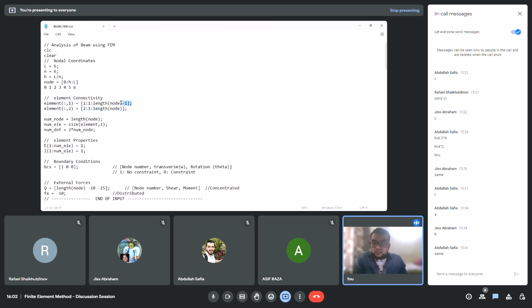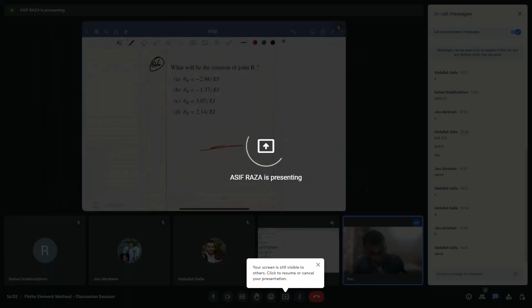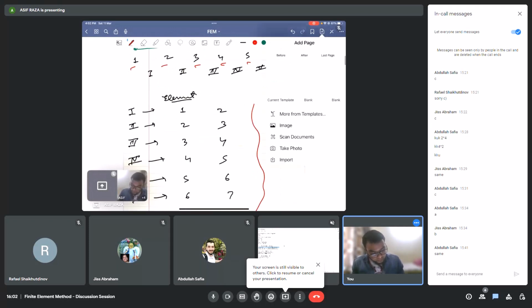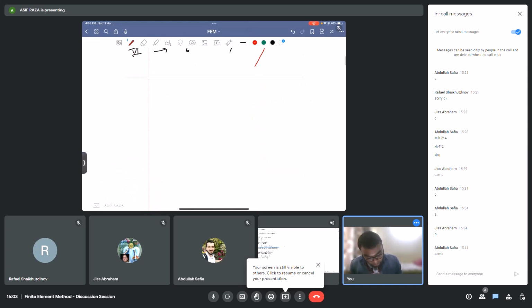So see this, if you are seeing the screen, element bracket all comma 1 gives me the nodal coordinates of the first node, whatever element we are taking. What does that mean? Element 1.